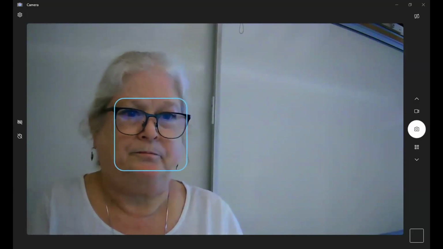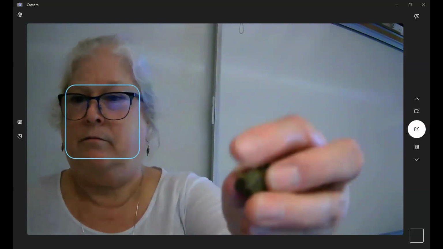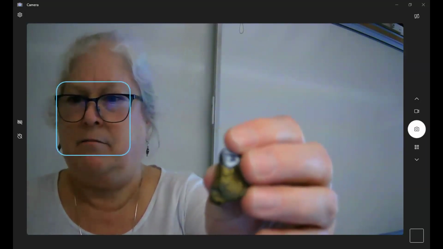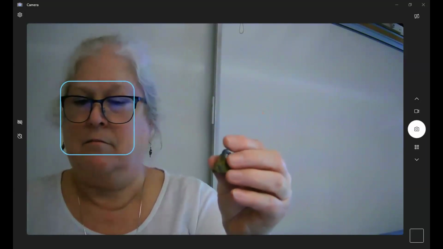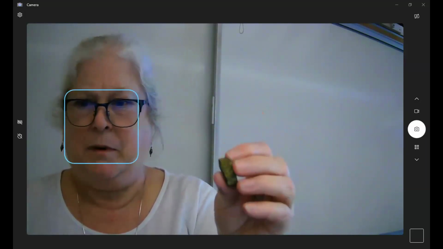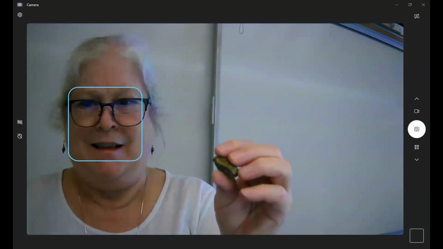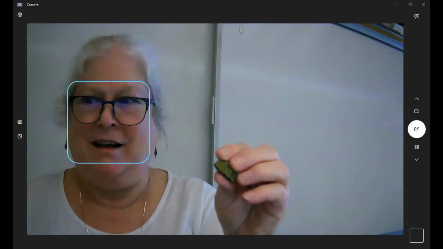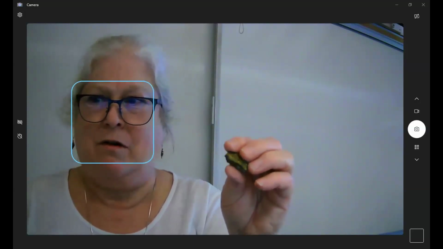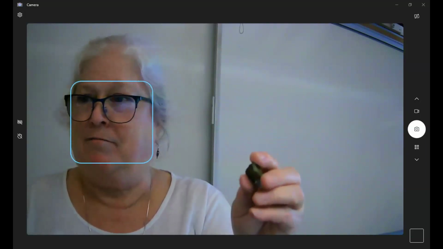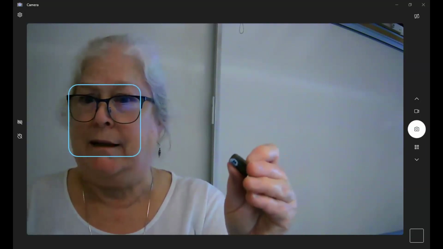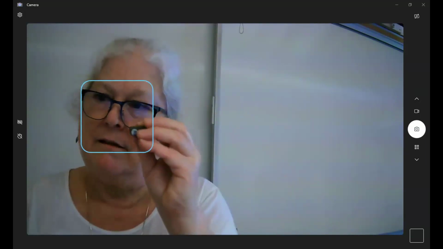Well, is it shiny? Yes, but it's not super shiny, right? This is not like a brand new coin or a brand new gold ring. So this is again submetallic.